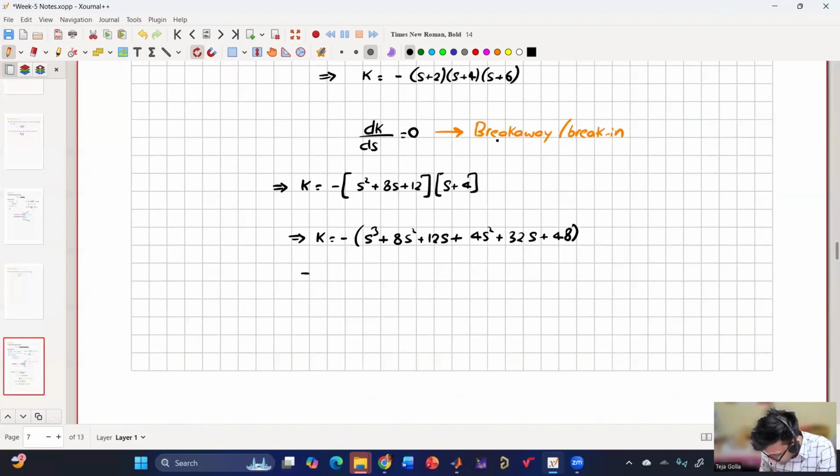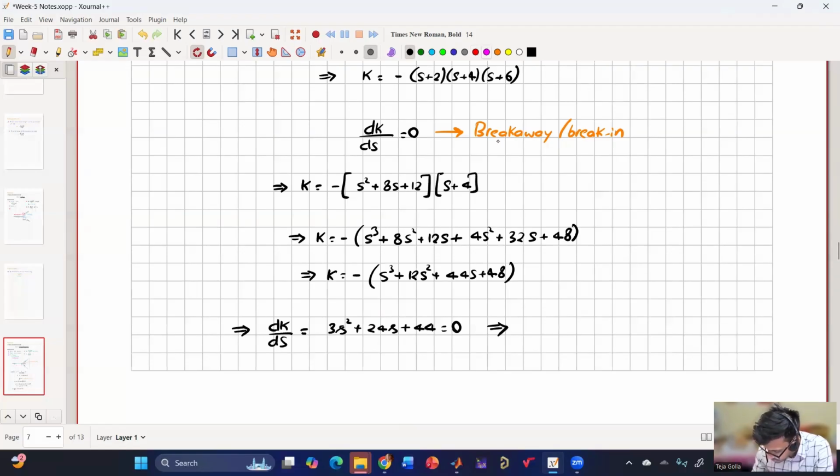So k is minus of s cube plus 12s square plus 44s plus 48. Agree? Yes, sir. Now I'll do dk by ds equals 0. The minus is removed, so I'll have 3s square plus 24s plus 44 equals 0, right?